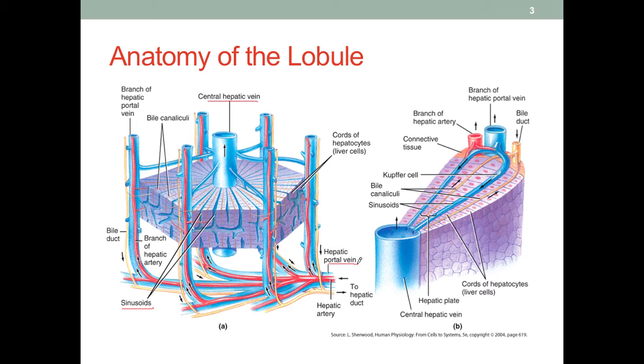The blood flowing in the portal vein will have more nutrients, so the blood goes through these areas between the cells, and then these cells receive the blood from the portal vein. They pull out the nutrients they need and eventually send the rest of the blood into the central hepatic vein, where again it goes back to the heart through the vena cava.